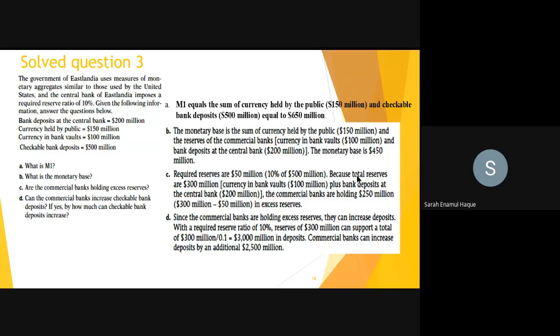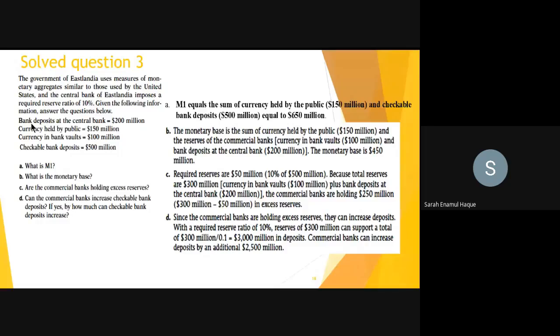Now, because total reserves are 300 million, that means currency in bank vault plus bank deposits at the central bank, the commercial banks are holding 250 million in excess reserves. Now, let me explain to you. This might sound a little bit confusing, but first look at the numbers. Go back to the information that you have.